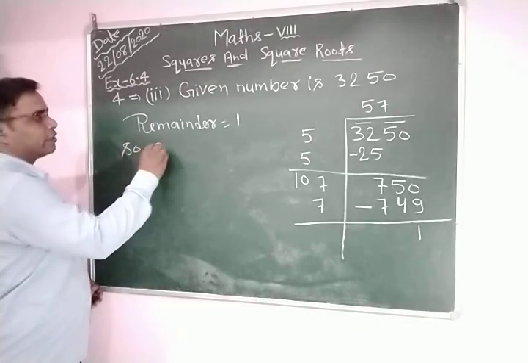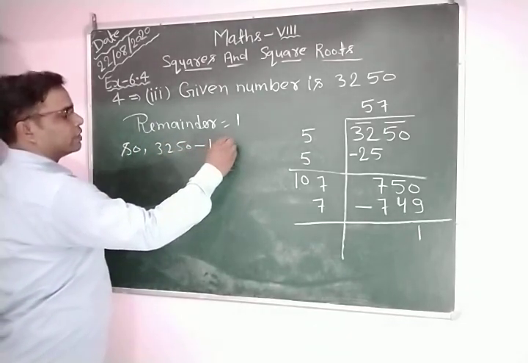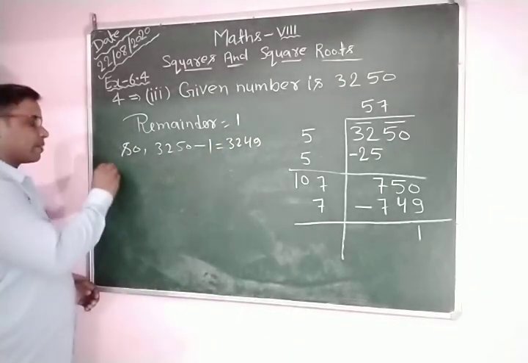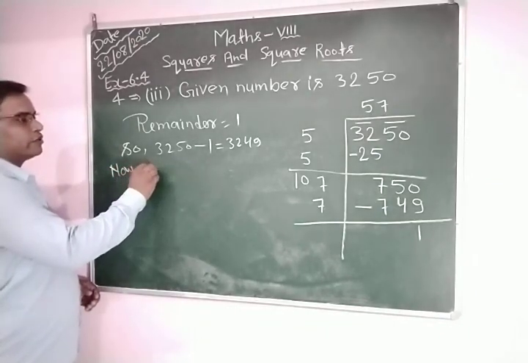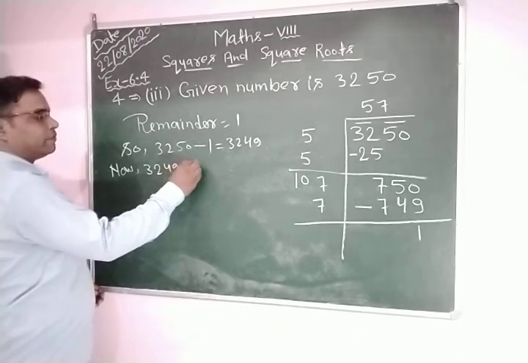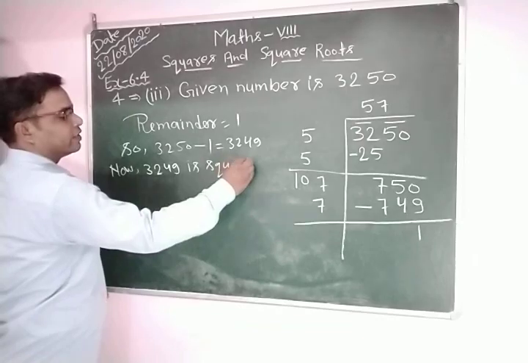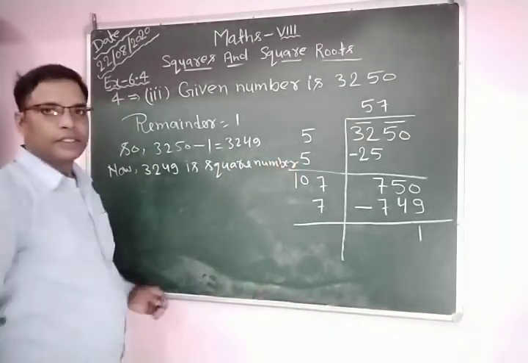So 3250 minus 1 is equal to 3249. Now 3249 is a perfect square number.